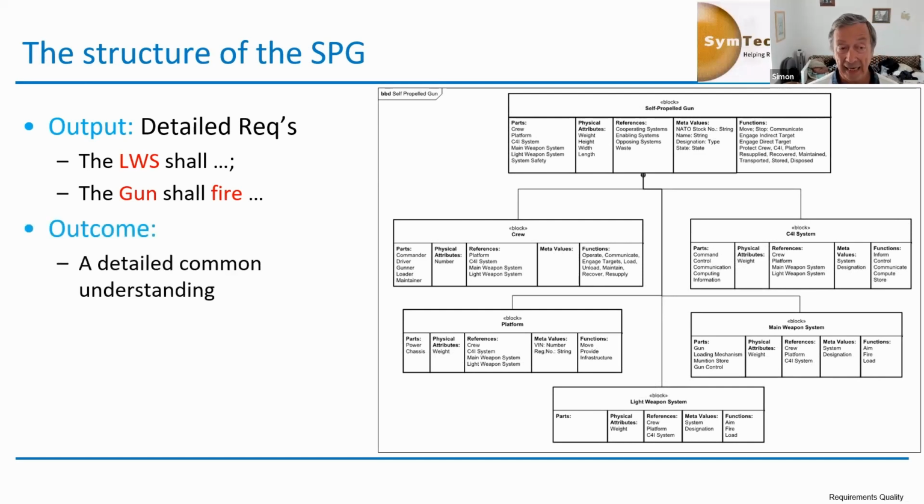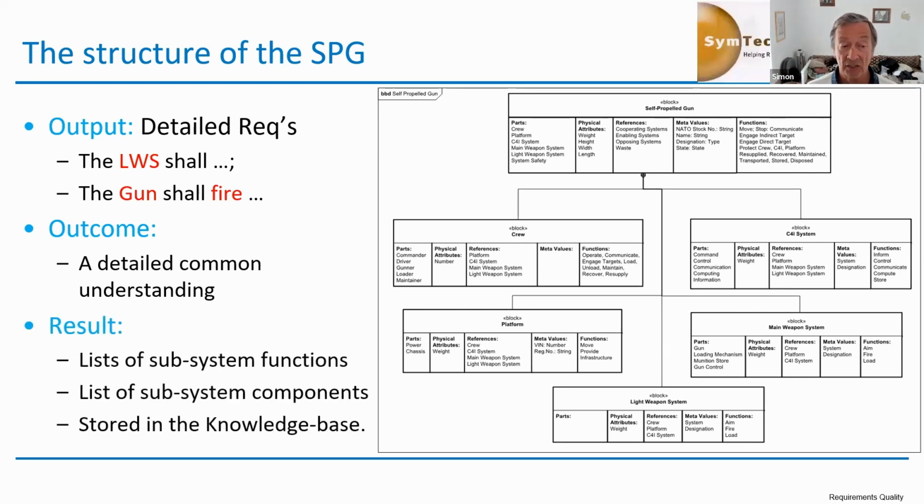We've got a detailed common understanding, again, unique definition of our verbs and nouns. And we've got a list of subsystem functions, subsystem components, and guess what? They're all stored in the knowledge base. And we were able to develop those 5 detailed specifications.